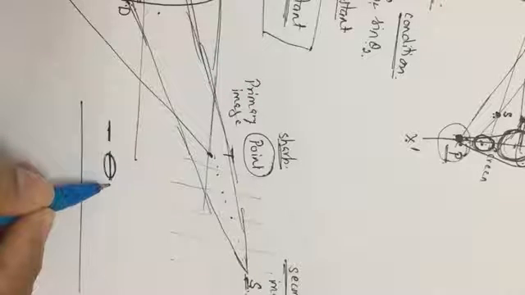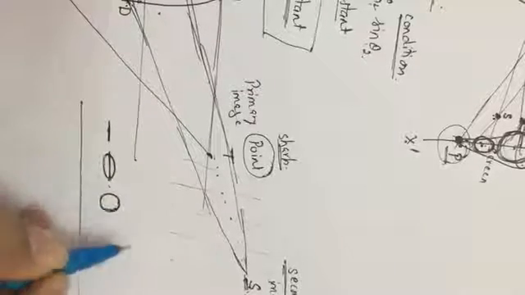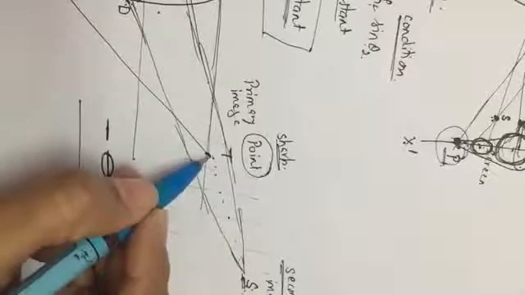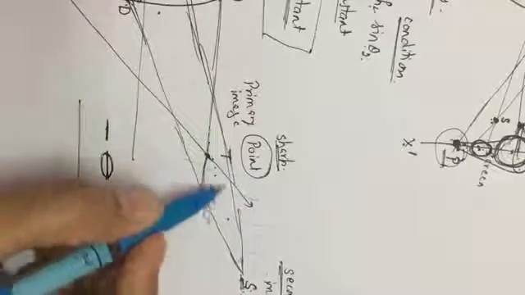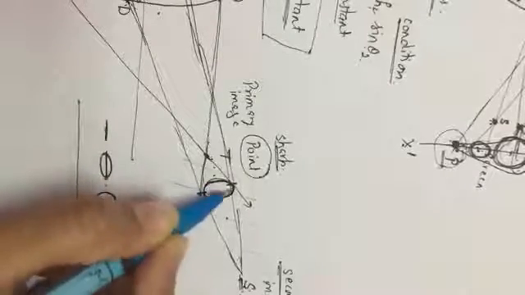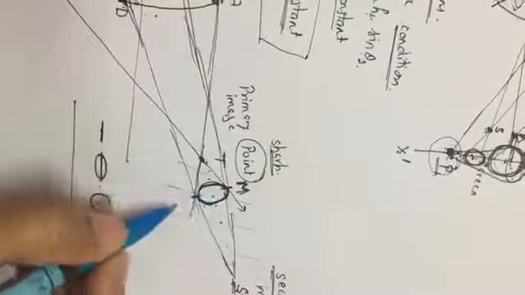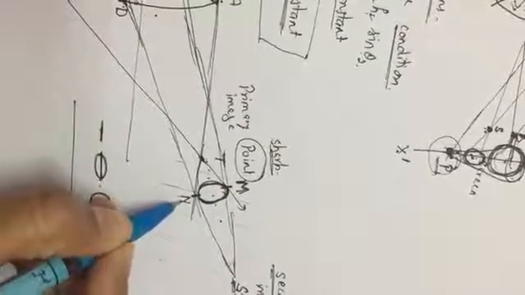If we continue to move the screen towards the point S, we will find a circle in between T and S, very nearby to T, and these are the intersecting points where we find this circle. Let us denote these two intersecting points as M and N.